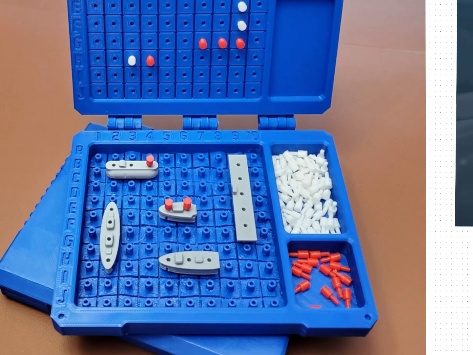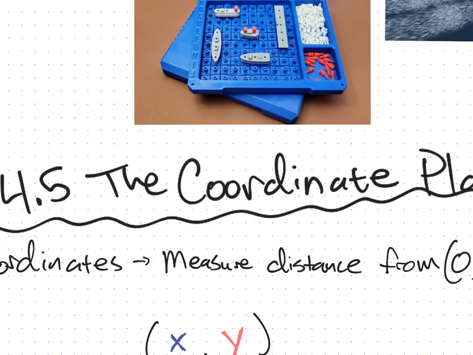We're trying to find our enemy's ships, and we use coordinates with a letter and then a number, and we pick and choose, or guess, where our enemy's ships are. Those concepts are very, very similar to what we are doing here with our coordinate plane.